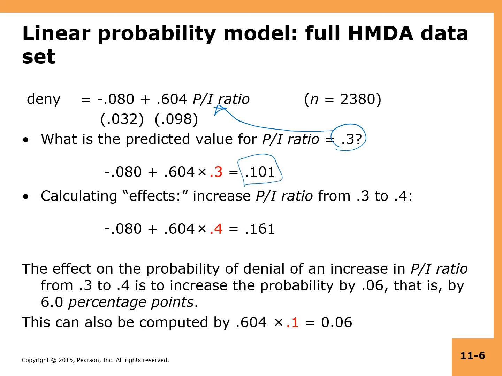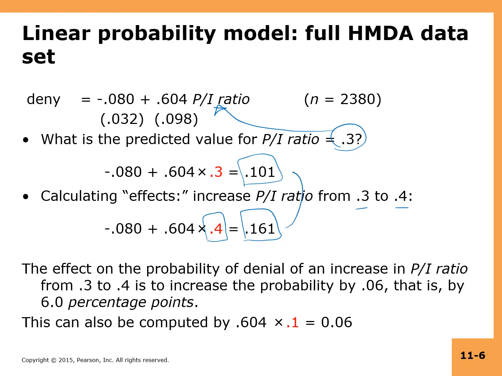Let's say we want to measure the effect of increasing the PI ratio from 0.3 to 0.4. One way to do this is to calculate the probability of being denied when the PI ratio is 0.4. Plug 0.4 into the model to get the predicted probability of being denied, which in this case is 0.16 or 16%.